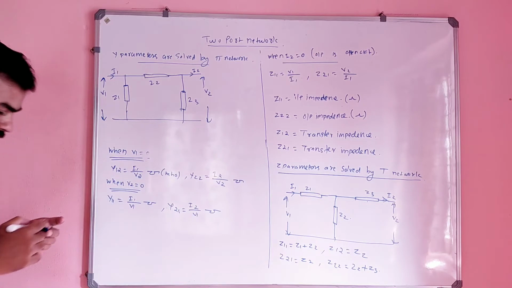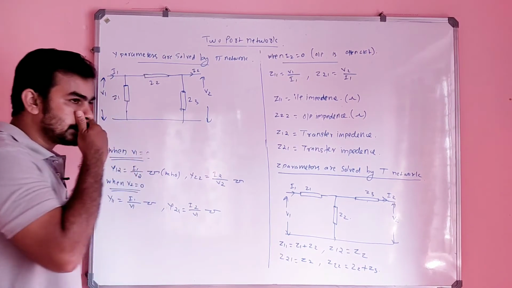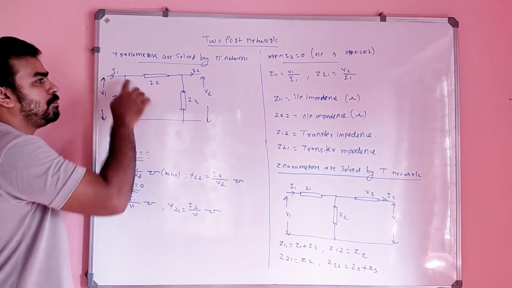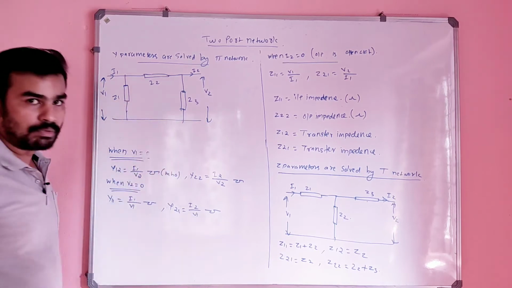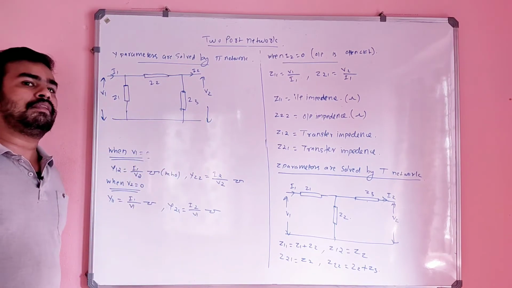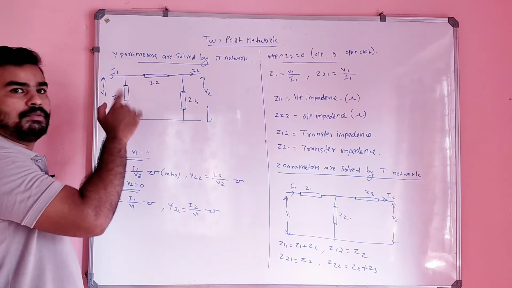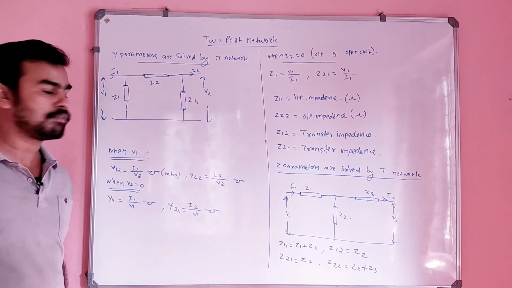Suppose you have a network like this. This is the shape of pi, no? That is why it's called a pi network. A long transmission line can be solved by this pi network. We will study later. Okay.